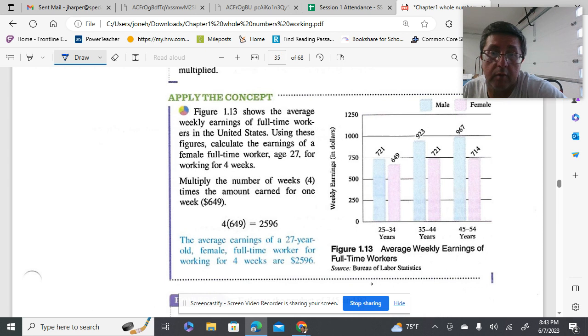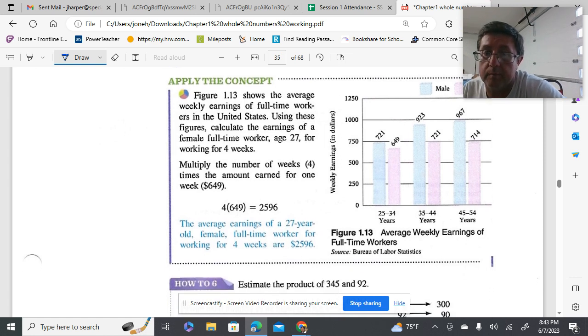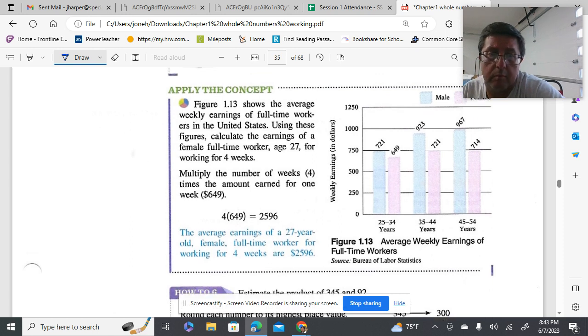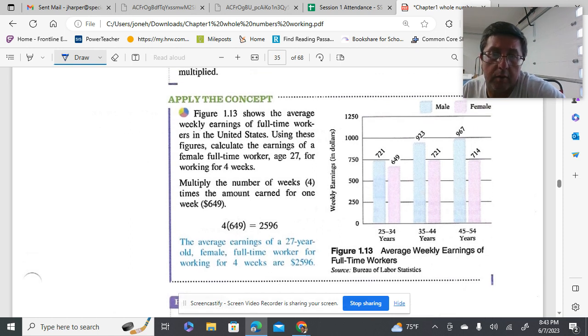Multiply the number of weeks, 4, times the amount earned for 1 week. So what we would do is multiply the number of weeks 4 times the amount earned.